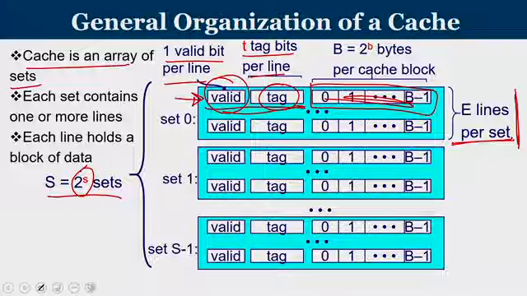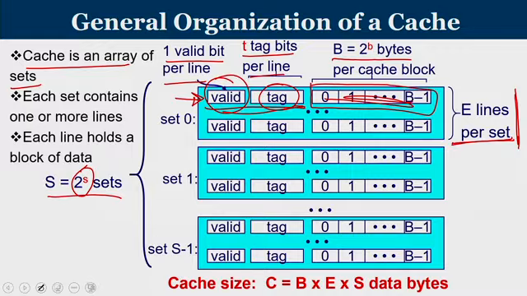Each cache line holds a block of data, that is what we have seen, and this block size is also a power of 2. So, what is the total capacity of the cache? The capacity of the cache is defined as C equal to B into E into S, where S is the number of sets, E is the number of lines per set, and B is the number of bytes in each line.